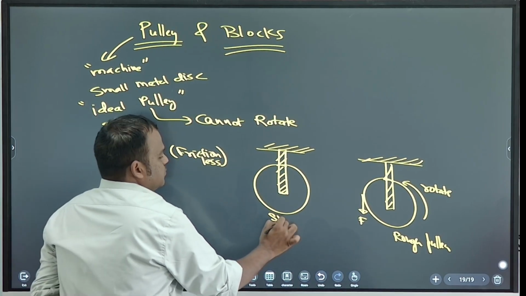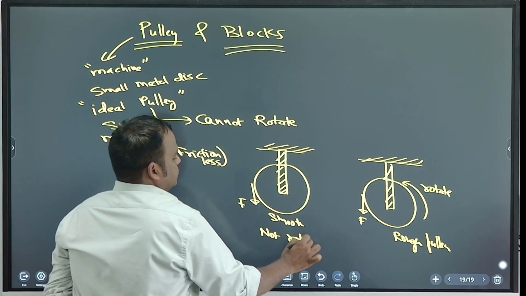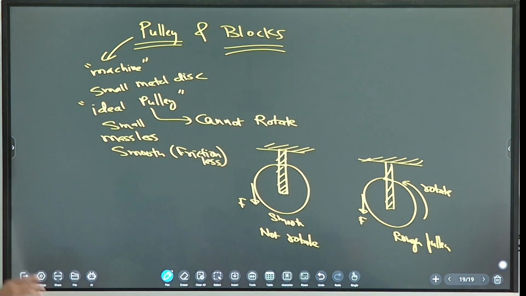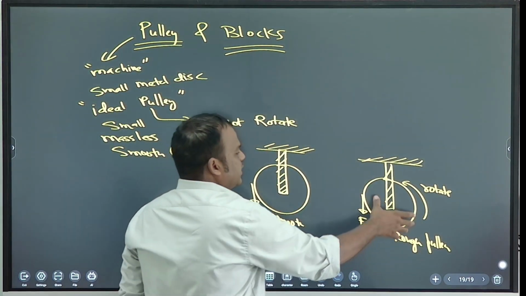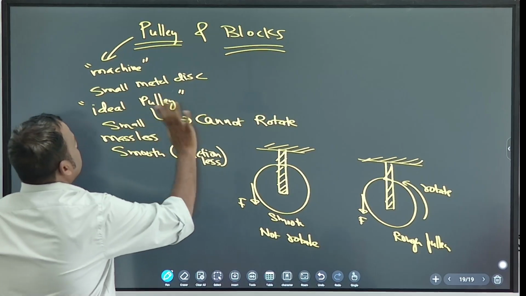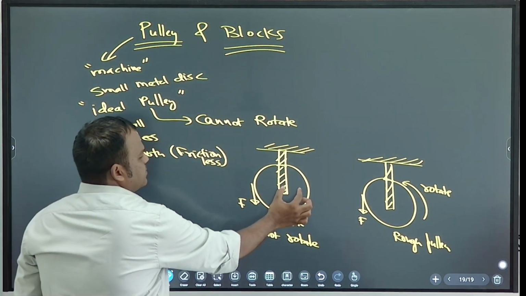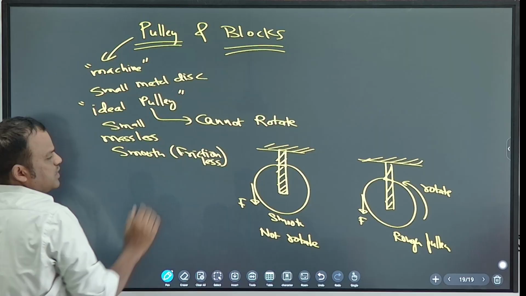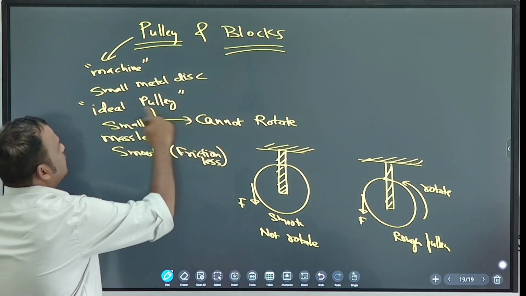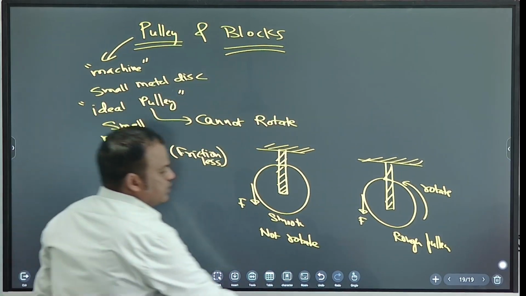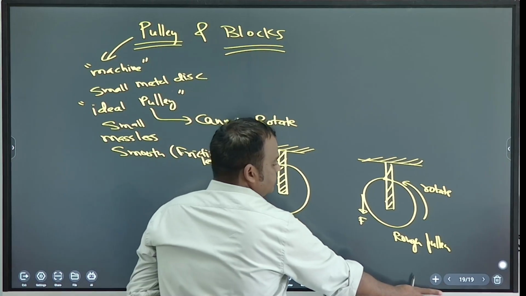So can a smooth pulley rotate or not? It cannot rotate. A rough pulley can rotate. Ideal pulley means smooth, massless, small. Small means the radius is very small. Okay, clear? Next, note down. You can draw this diagram, or you can simply write: ideal pulley cannot rotate because it is smooth.